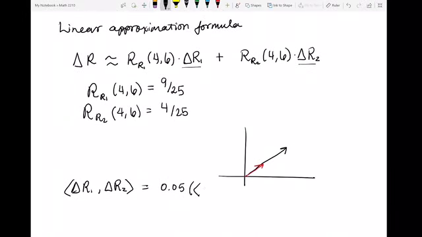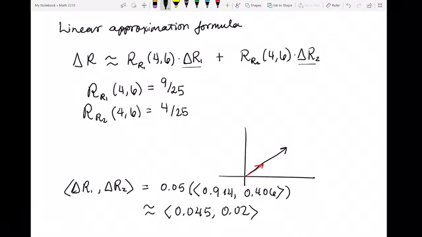So we will put 0.914 and 0.406, and then from that equation, we get roughly something like 0.045, 0.02. Okay, so that's how that is calculated.